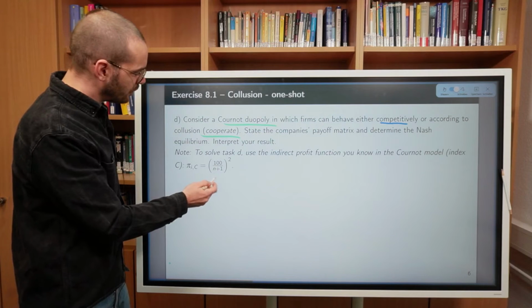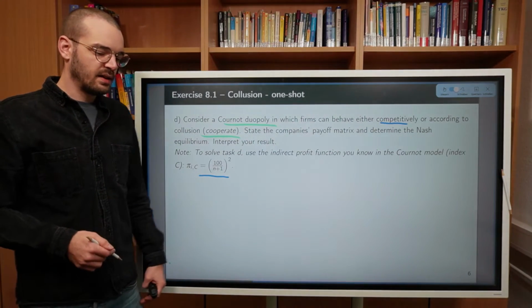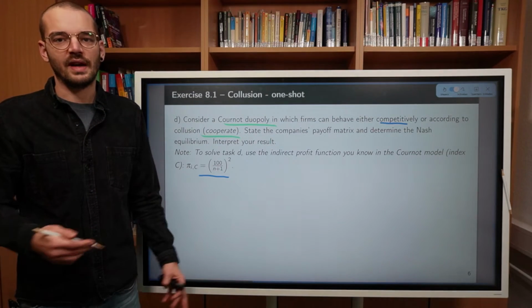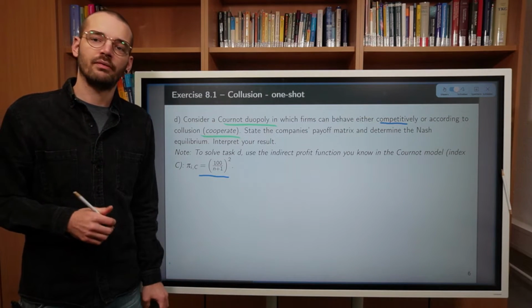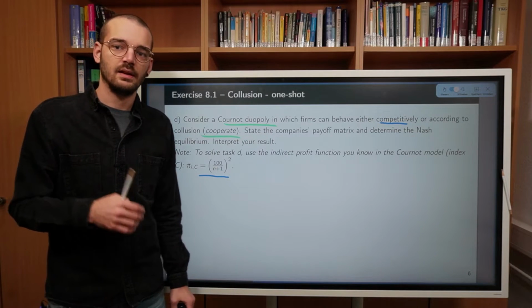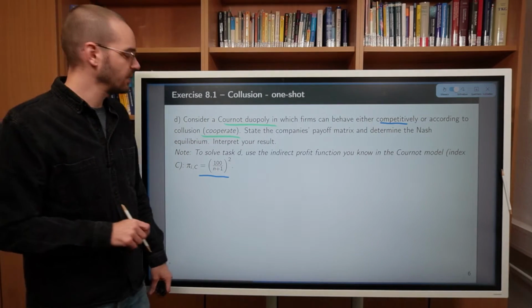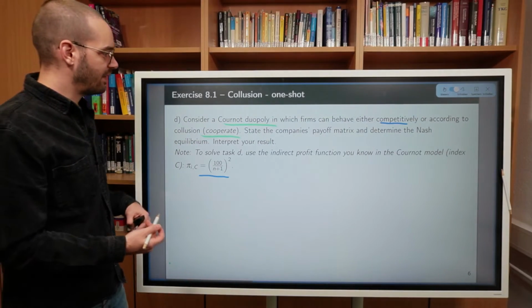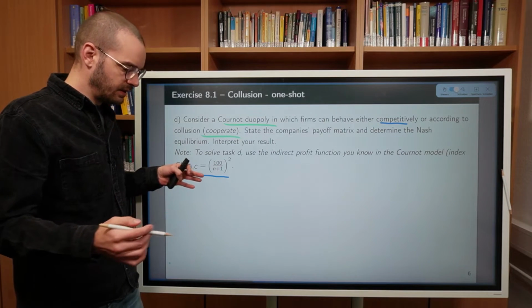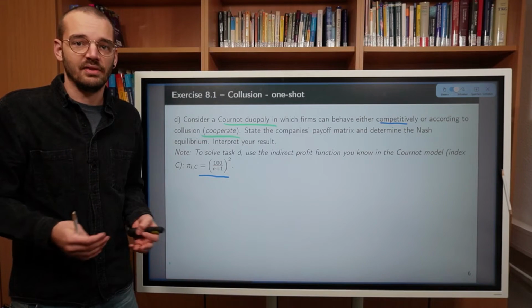Now there's one final hint, and that is we are given the formula which we can use in order to calculate the profits if both firms actually compete and play the conventional Cournot competition game. All other profit functions, of course, we already know from the previous tasks in this exercise.